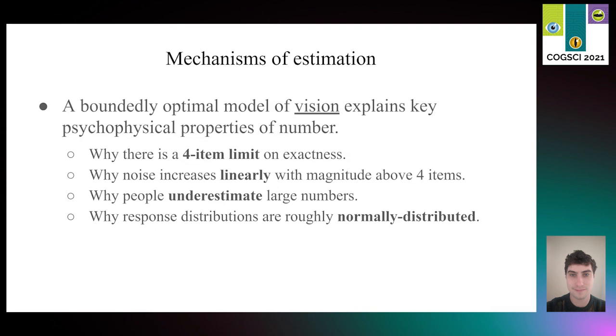This view explains why there's a four-item limit on exactness, why noise increases roughly linearly with magnitude above 4 items, why people tend to underestimate larger quantities, and why response distributions are roughly normally distributed. And this is all without positing two different systems. This is just derived from thinking about constraints on visual perception.